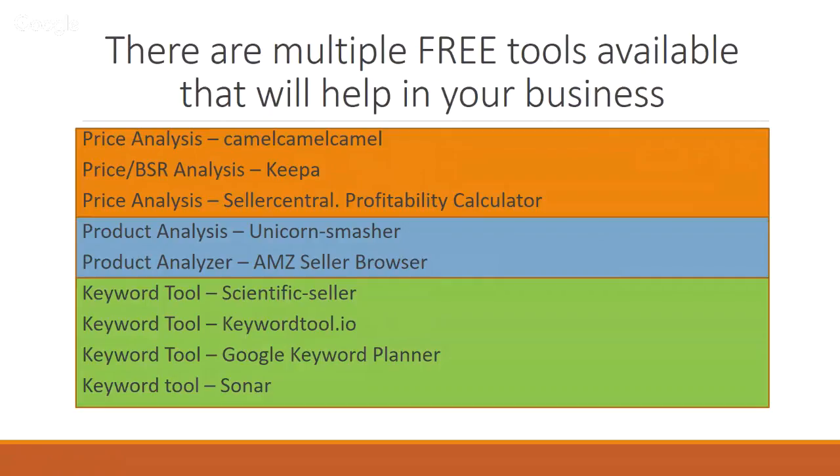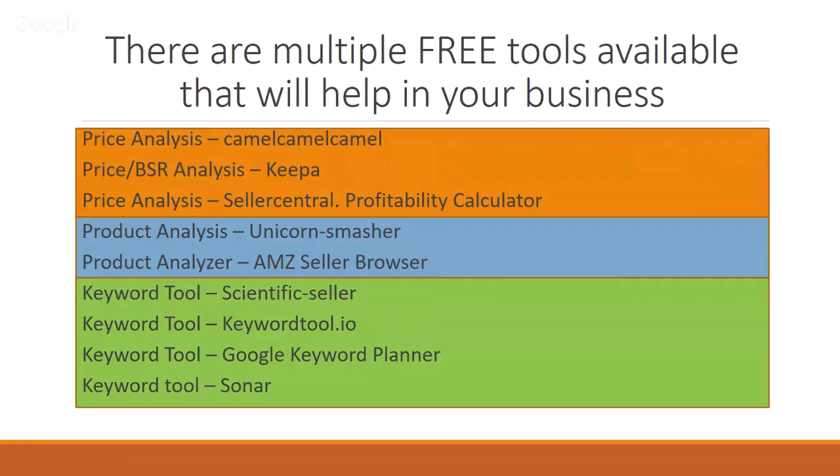And then keywords. Now, keywords is a critical part of the business, understanding what keywords you need for your products in your listing, when you're advertising, in your back end. So keywords is pretty critical with respect to this business. And this is where a lot of the tools are focused these days.